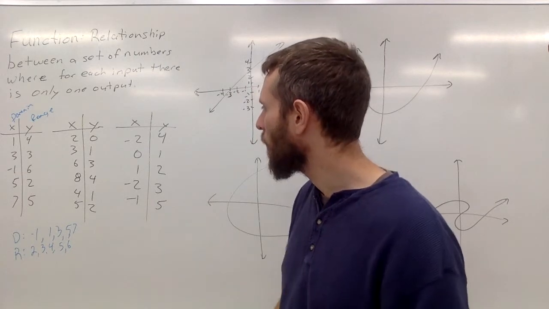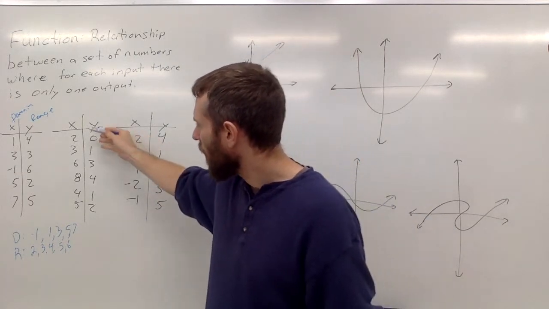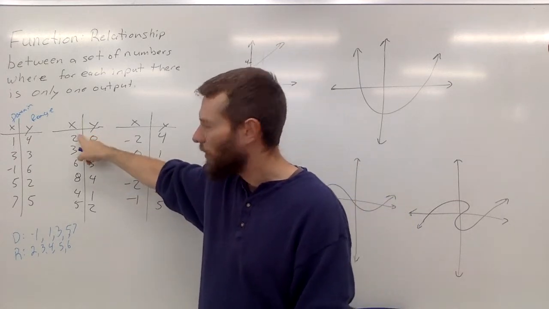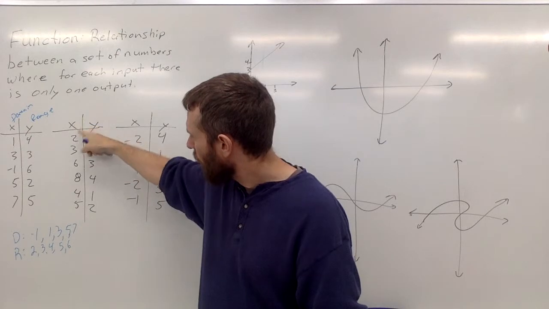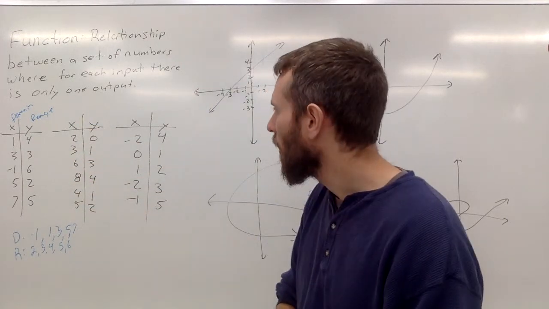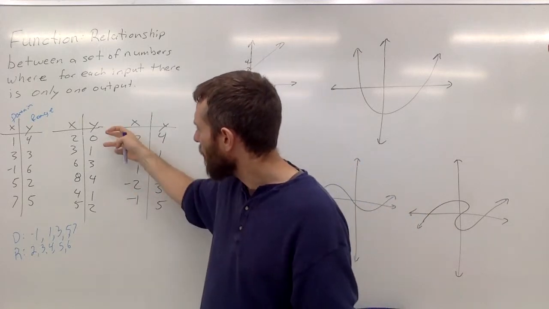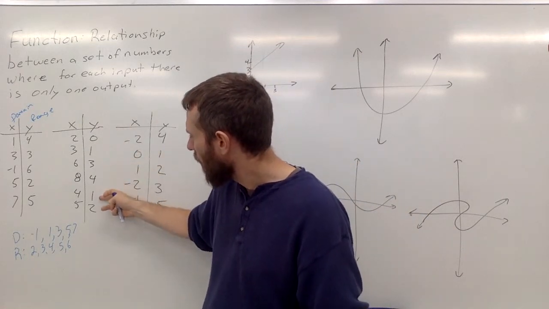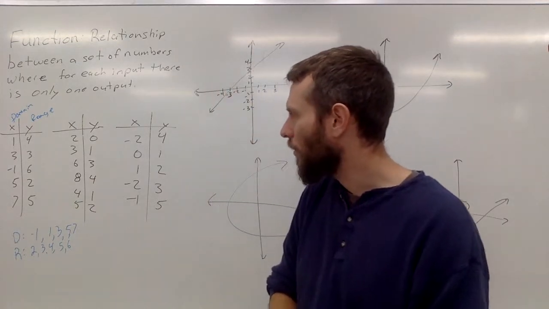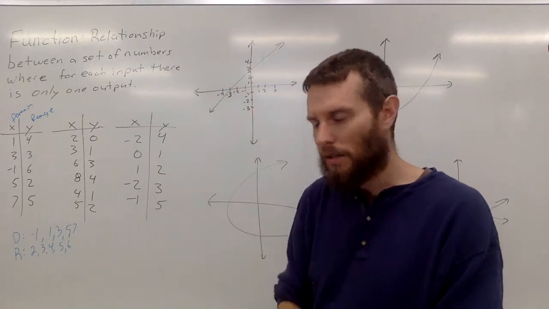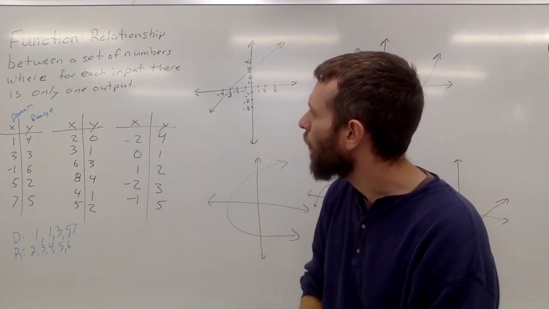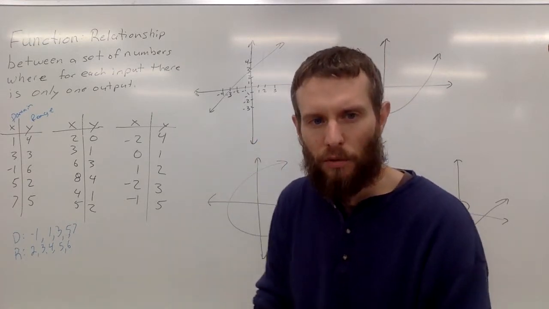Let's take a look at a few more. For this next table, our domain is going to be 2, 3, 4, 5, 6, 8. Those are all of our input values. And then our output is 0, 1, 3, 4, another 1 here, and a 2. We want to make sure again that we only have one output for each input.